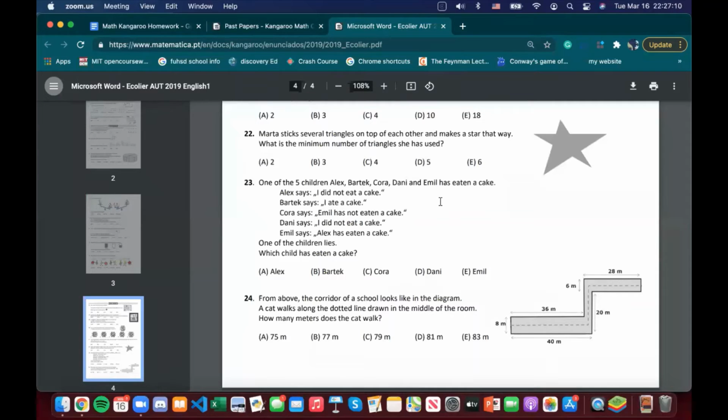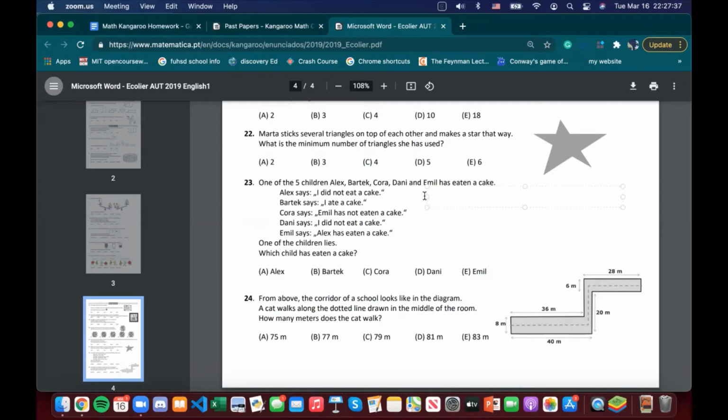This is just guess and check. We'll start with saying that Alex is the one that is lying. So Alex ate the cake, which means that all the others are telling the truth, which means that Bartek ate the cake. And that can't be possible because only one of the children ate the cake. There aren't 2 cakes to be eaten, so Alex cannot be the one that is lying.